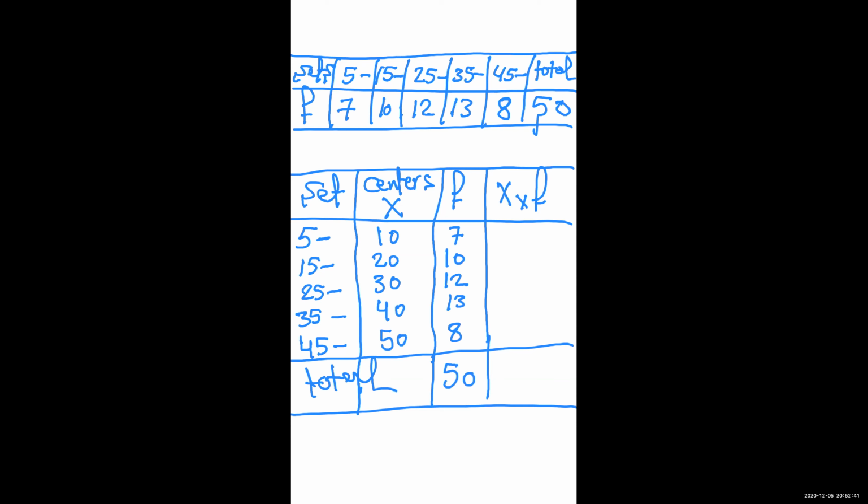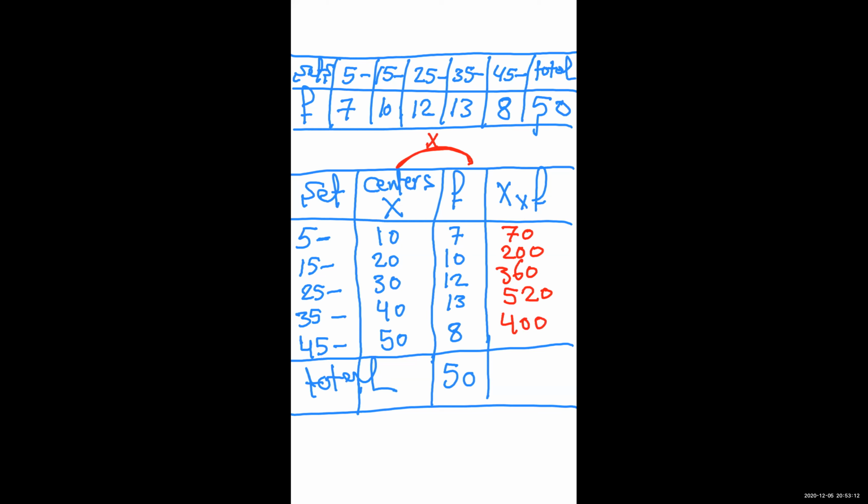Now multiply these two terms, f and x. 7 times 10, 70. 10 times 20, 200. 12 times 30, 360. 13 times 40, it will equal 520. 8 times 50, 400.